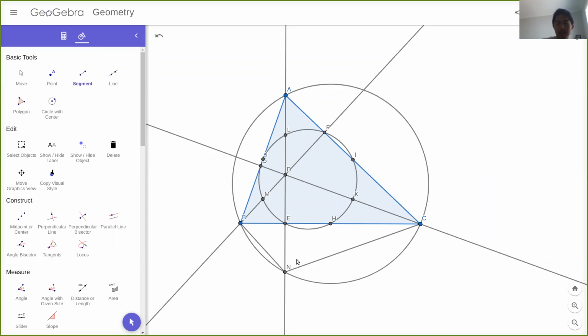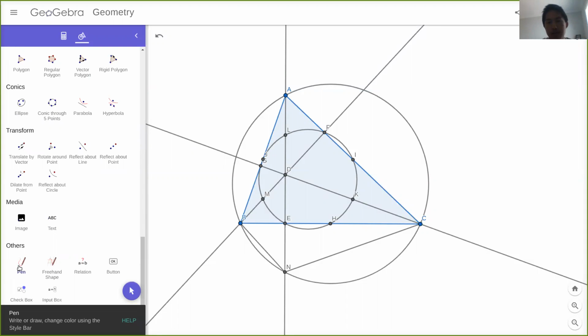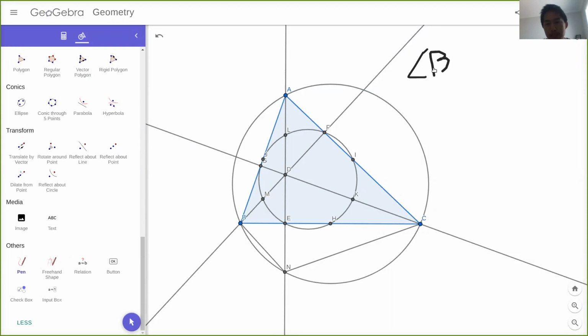Now we know that BNC is actually a reflection of BDC across BC. So this angle right here and this angle right here are equal. And we know how BDC is defined. So angle BNC equals angle BDC, and then BDC is made of two parts.